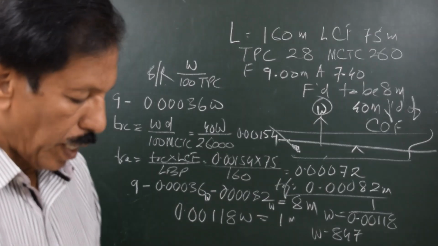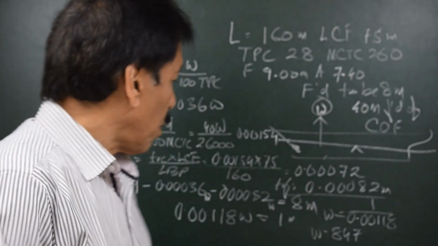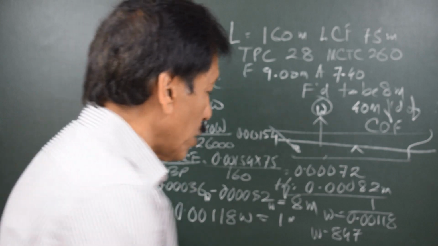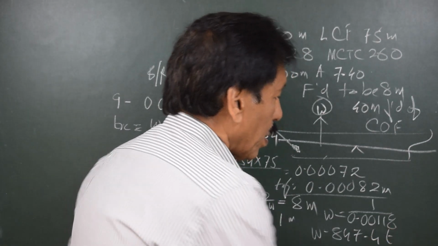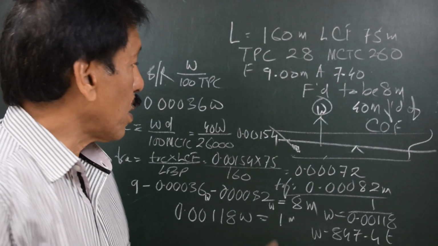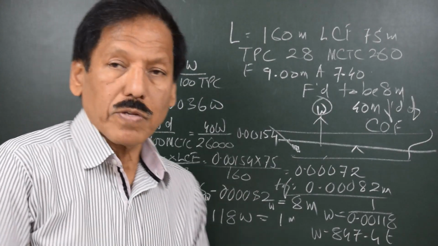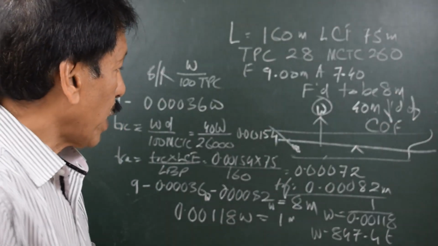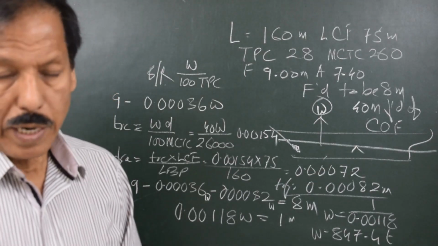847.4 tons is to be discharged from this location 40 meters forward, so that the trim of the ship would change in such a way that the forward draft will become 8 meters.